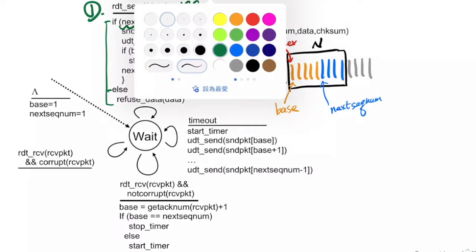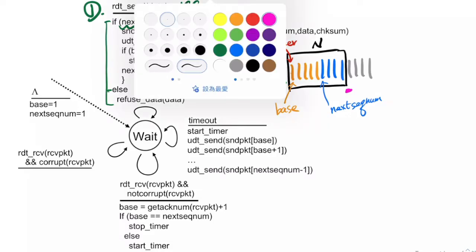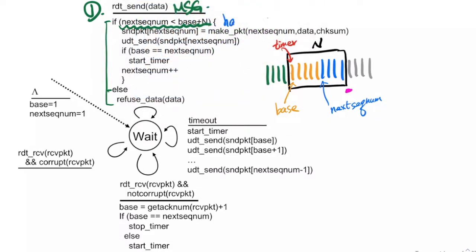Base is right here, plus N is right here. That means the blue pointer is less than the last segment in this N. In other words, that means we have blue in N.